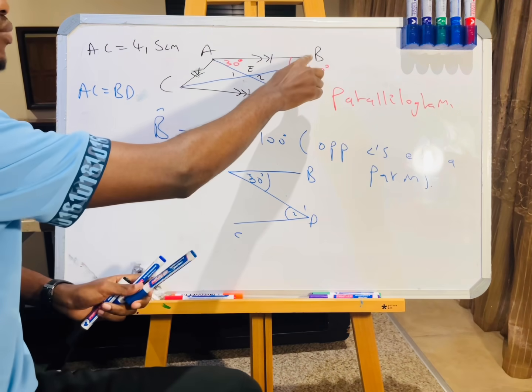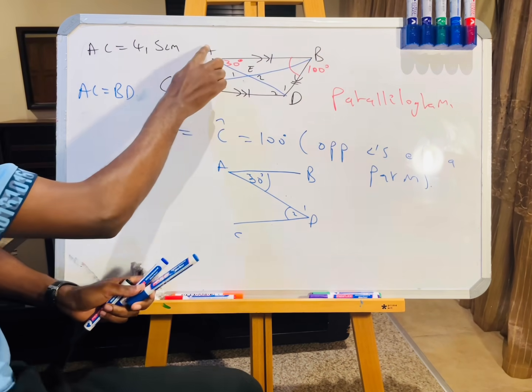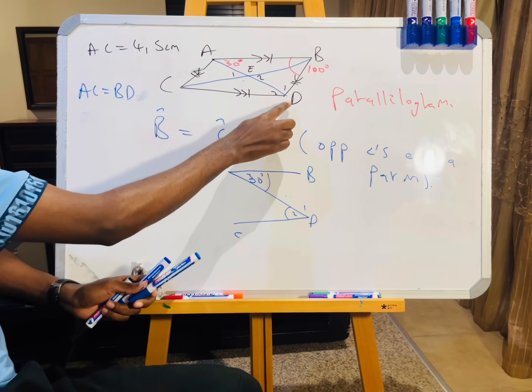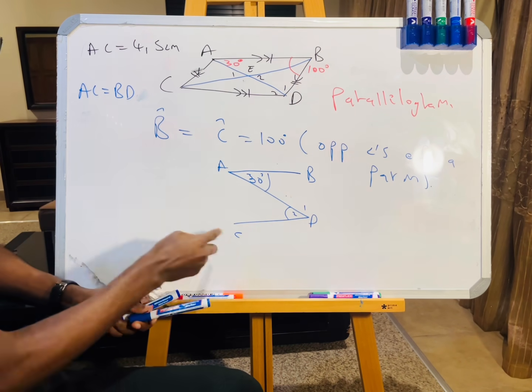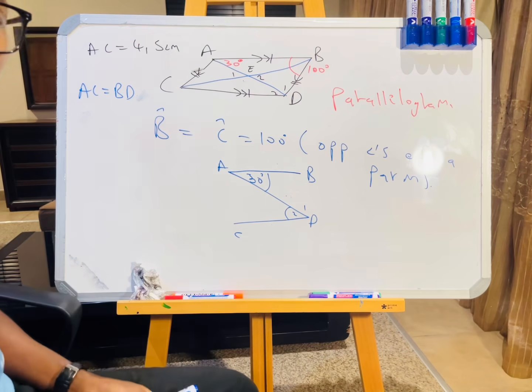So just move with this line. Move with me. You move with A, B, then you go down to D, then you go to C. So you see this Z. Now this Z makes what you call alternate angles.